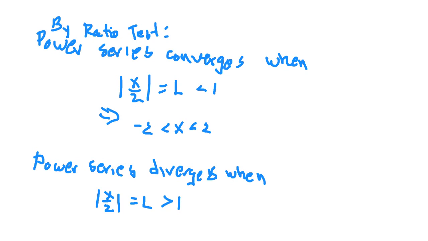If the absolute value of the common ratio L is less than 1, for those values of x the series will converge. If the absolute value of the common ratio in the limit is greater than 1, for those values of x the series will diverge.